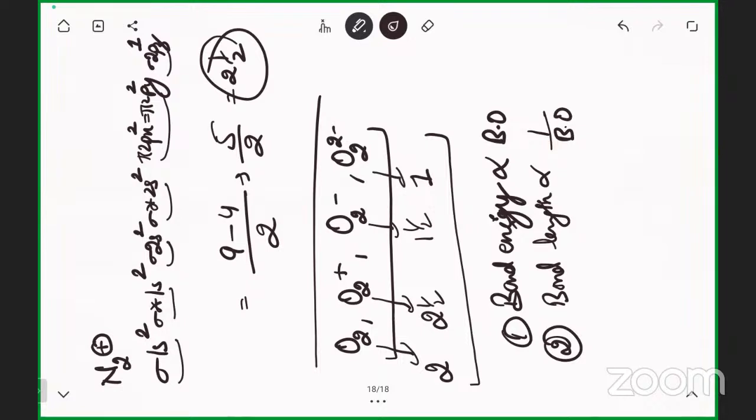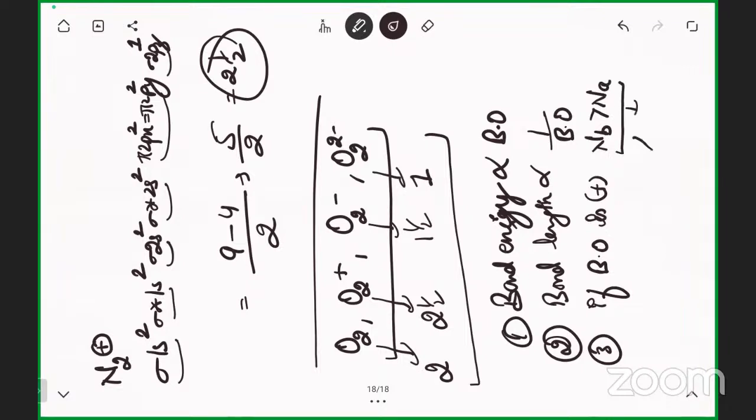Third, if bond order is positive, it means the number of bonding electrons is more than the number of anti-bonding electrons. In this case, the compound is stable. Fourth point, bond order can be a fraction.